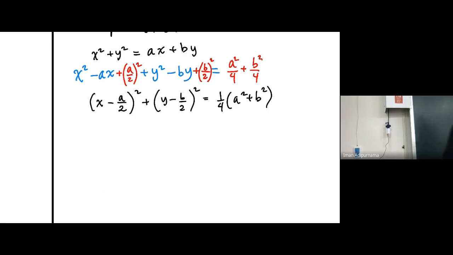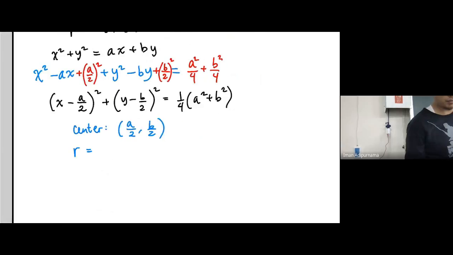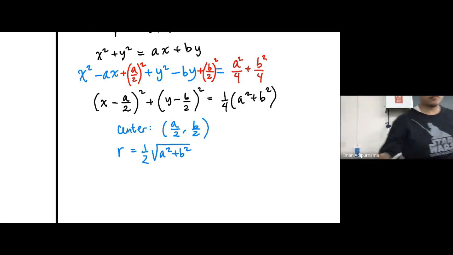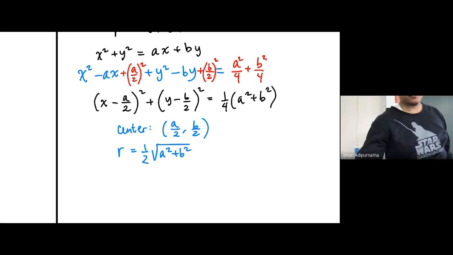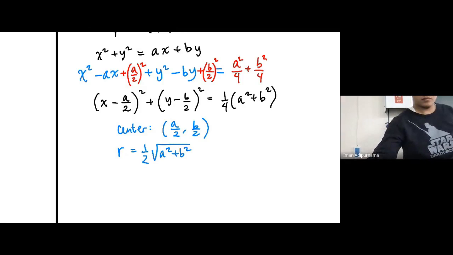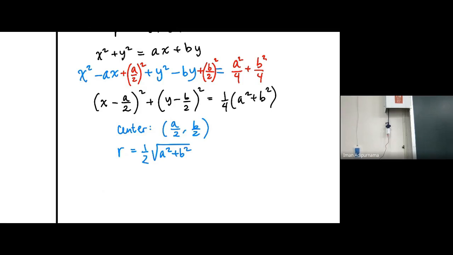So the center should be a over 2 and b over 2, and the radius is half the square root of a squared plus b squared. Okay, got it? So don't forget how to solve the quadratic functions.